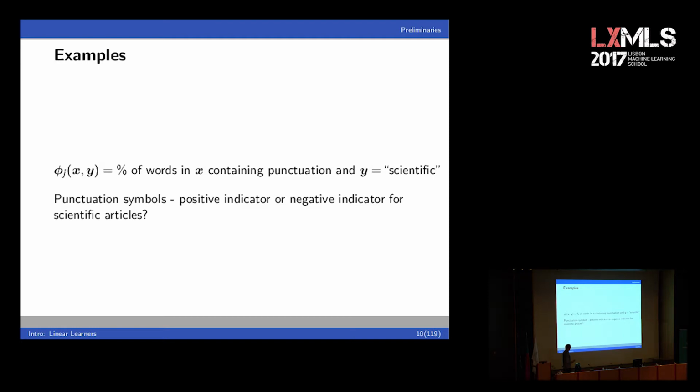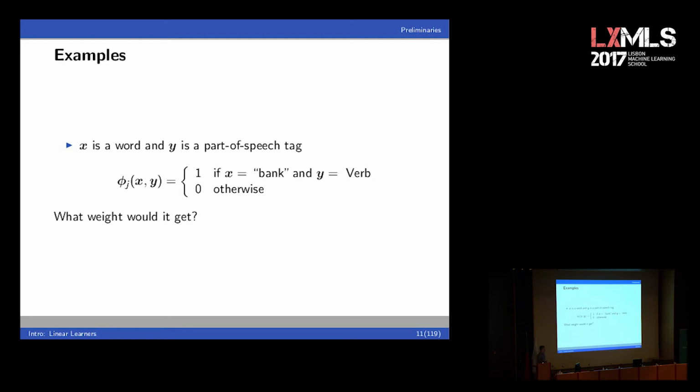The label is scientific text, and this time it's not a binary feature, it's the percentage of words that contain punctuation, which would be a good indicator for scientific texts. Then, if we do part-of-speech tagging, for example, you could say, do I see the word bank and the label verb? Or do I see the word bank and the label noun? This is a feature to indicate that the label we want to assign is verb or noun.